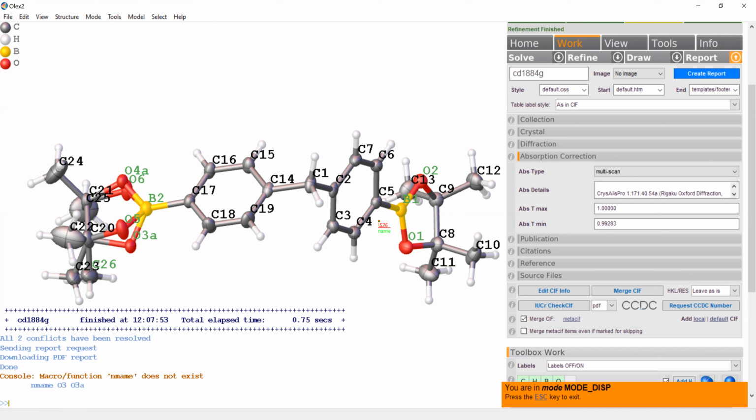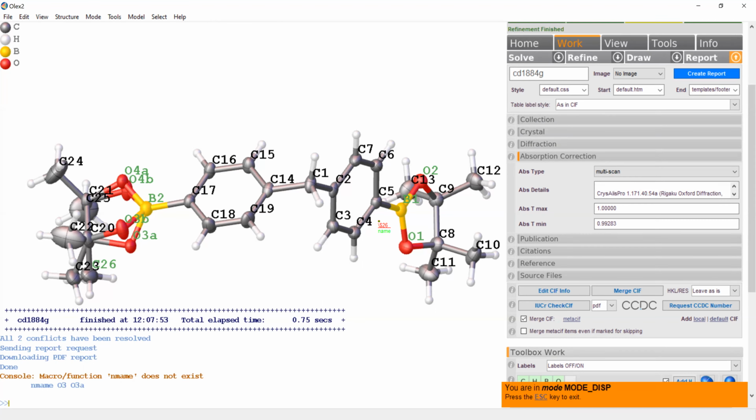And then for O5 and O6, I'm going to name O5, O3B, and usually A I give to the major one if they're a little bit higher, B I give to the minor one. And we're going to name O6, O4B. There we go.